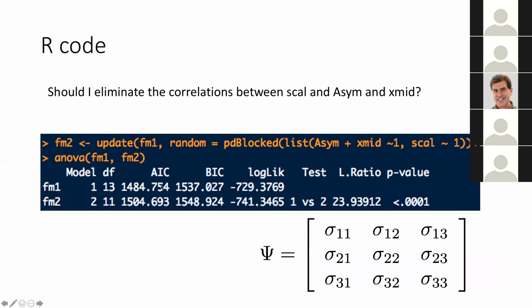If you look at the AIC and the BIC, you see that they were actually lower with my original model. So it's telling me at this point that it seems like I shouldn't really eliminate those. But they're troublesome. Having correlations that high is a little bit suspect. So what's going on here? It must be something else going on.